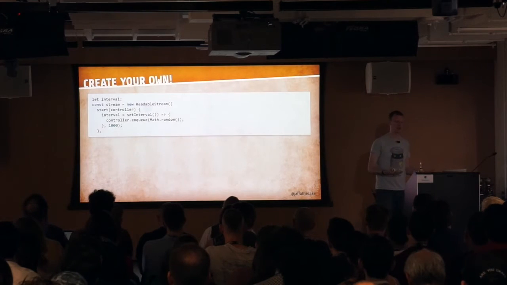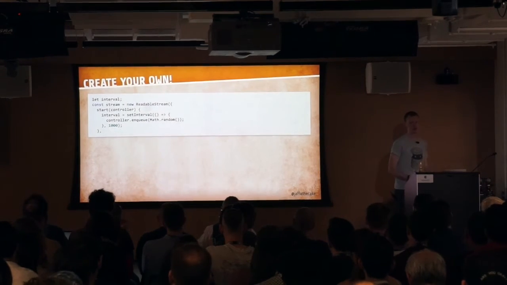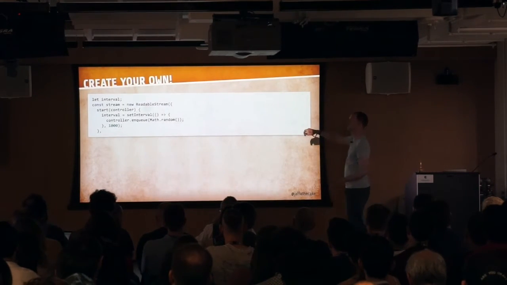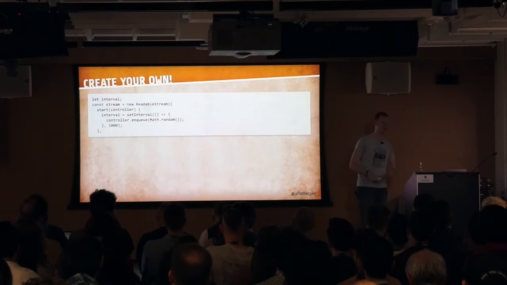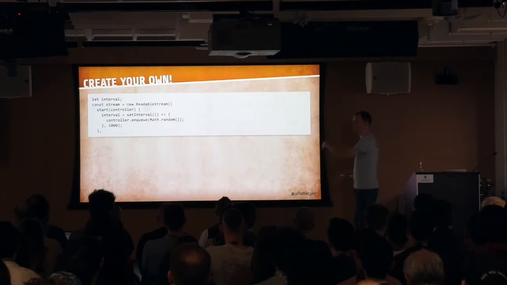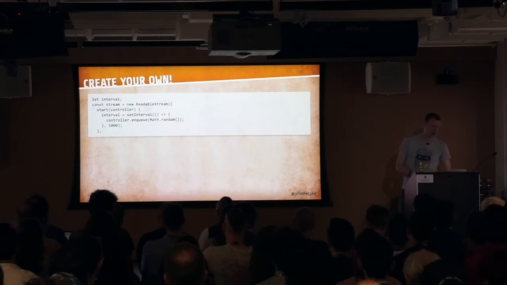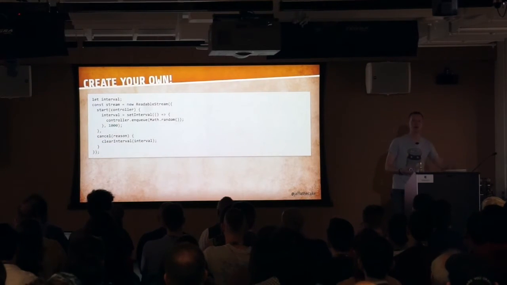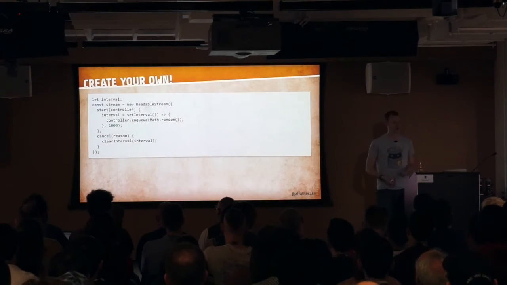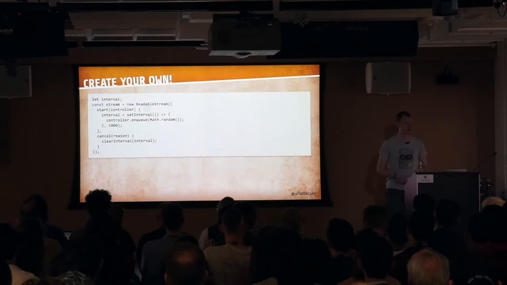Here I'm going to set up an interval that pushes a random number onto the stream every second. And it's controller.enqueue to pass an item into the stream. There are other methods on controller like .close to signal the end of the stream and .error to signal an error. I'm also going to add a cancel method. This is called when the reader cancels the stream. So we're going to take that opportunity to cancel the interval.